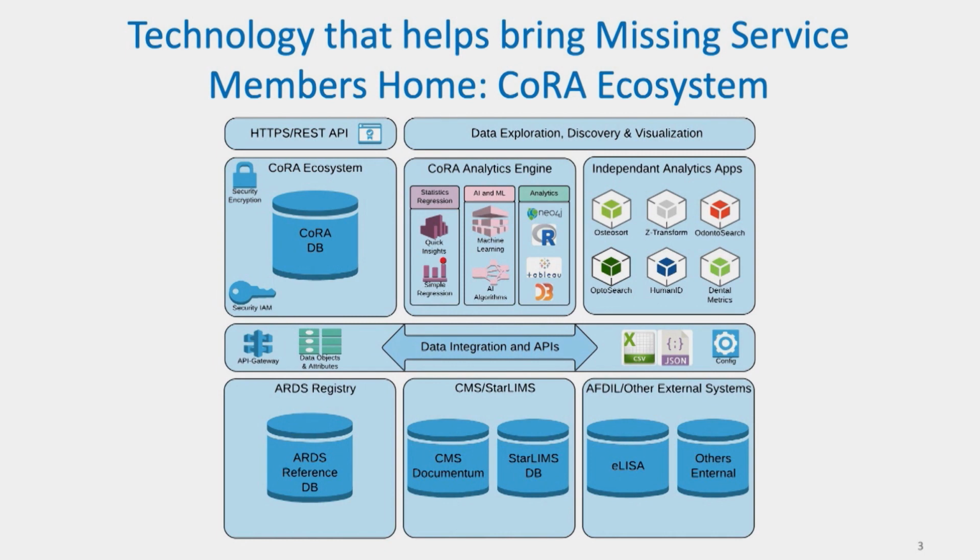The Cora Analytics engine allows you to do statistical calculations. It has some machine learning and AI algorithms. And we have built some visualizations that make it easier for the analysts to visualize their data.